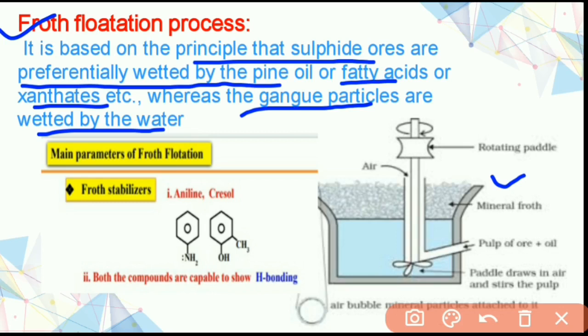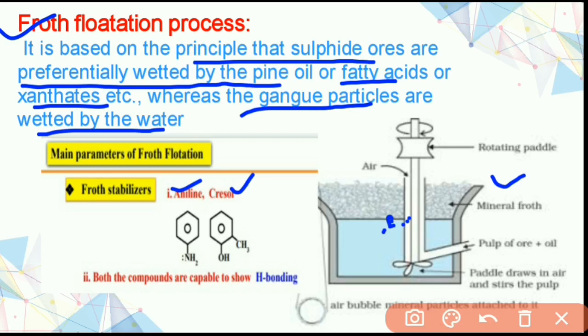Powdered sulfide ore is mixed with water to which collectors, for example, pine oil, fatty acid, and xanthate, are added, which enhance the non-wettability of mineral particles. And froth stabilizers like aniline and cresol, which stabilize the froth, are added. The mineral particles become wetted by the oil, while the gangue particles by water.